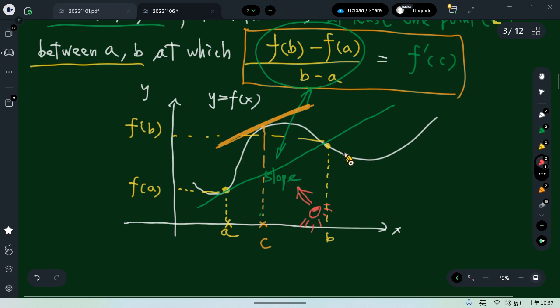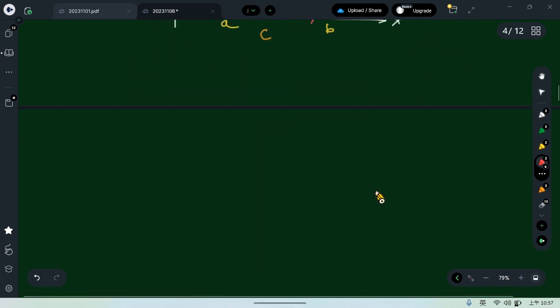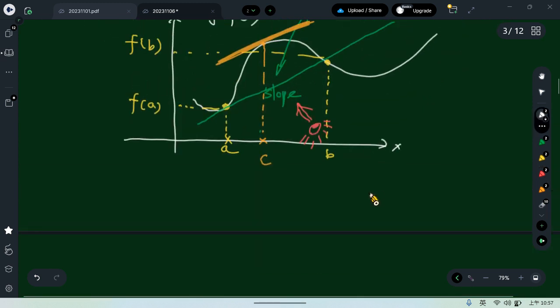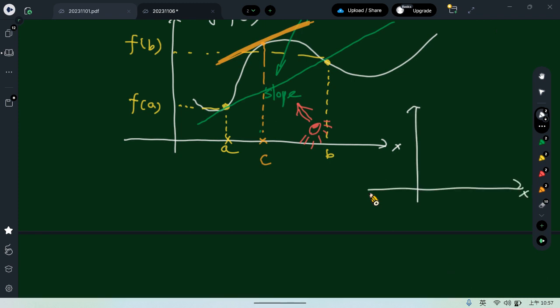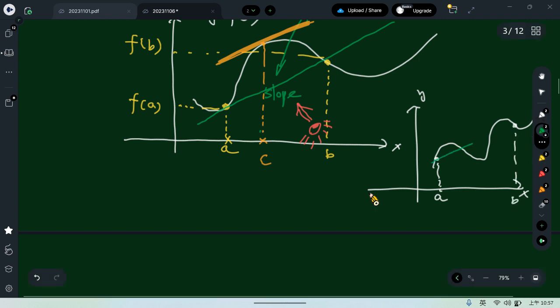So yeah, so again, maybe there are many points. You know, so for example, I can draw a small one for you. That if the curve maybe it's possibly like this way, right? So if A is here, B is here, so you just link them together. There are 3 C here, here, and also here.